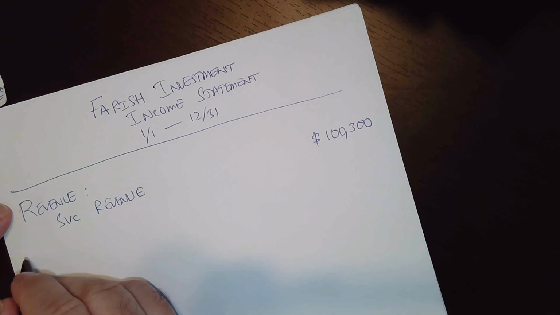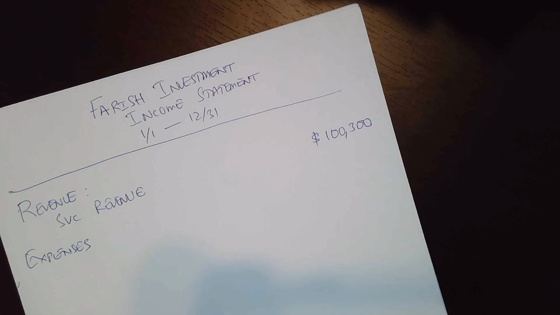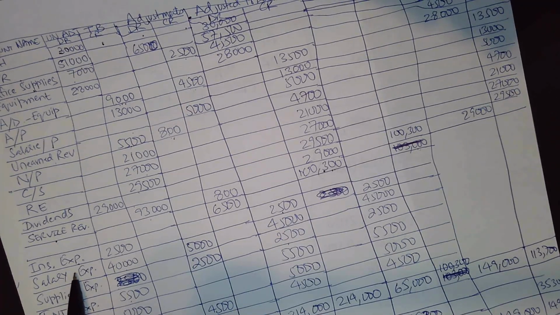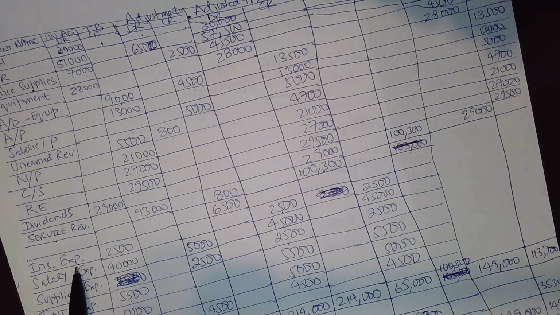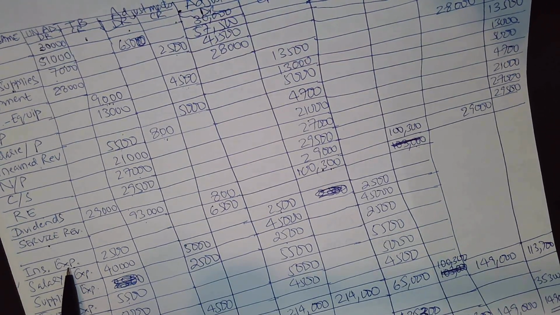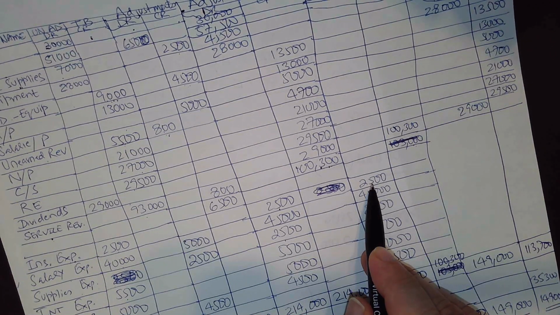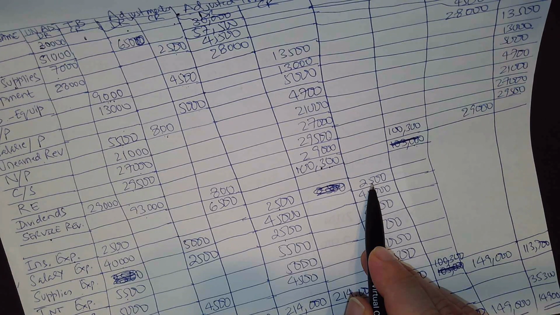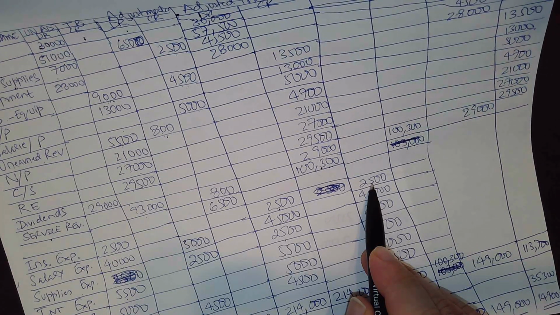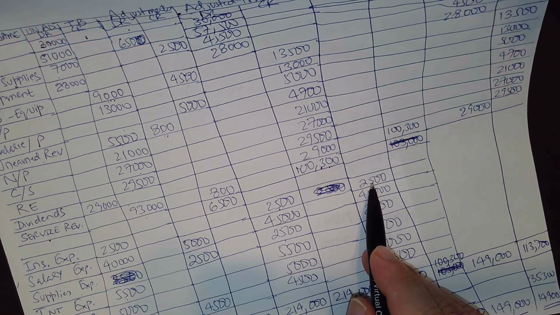Now we have to put expenses. What expenses do we have? The first one we have is insurance expense of $2,500.